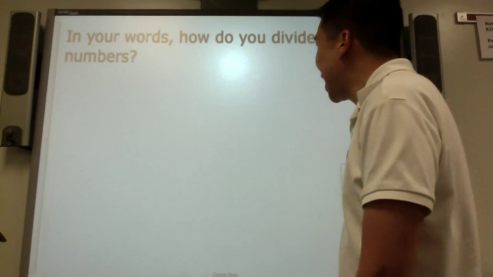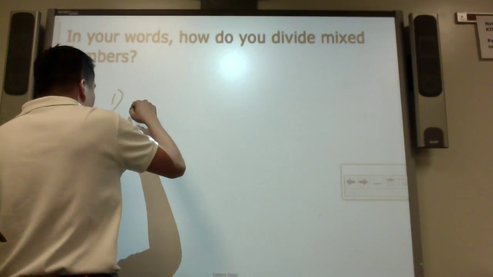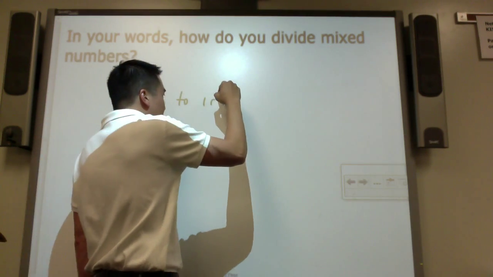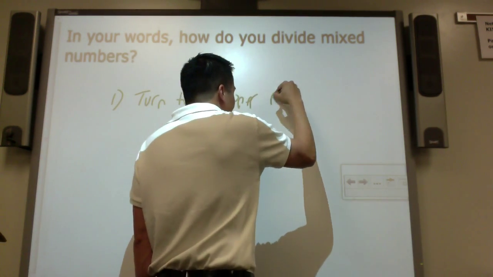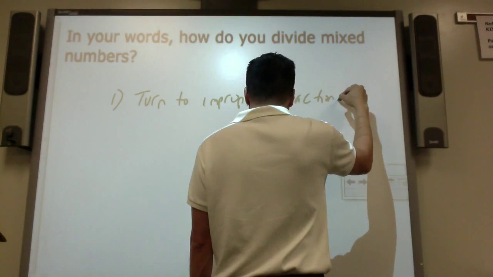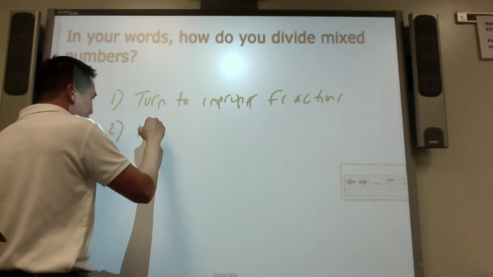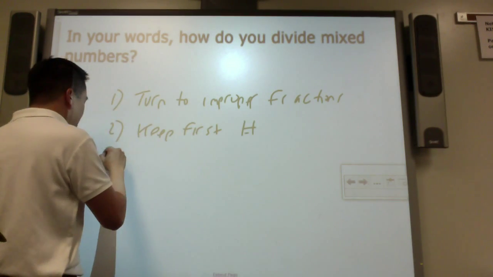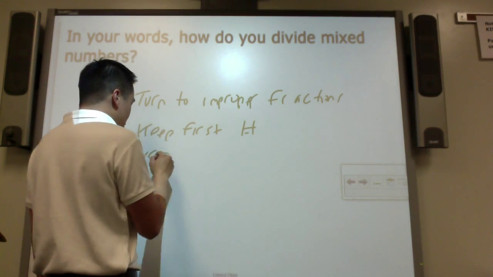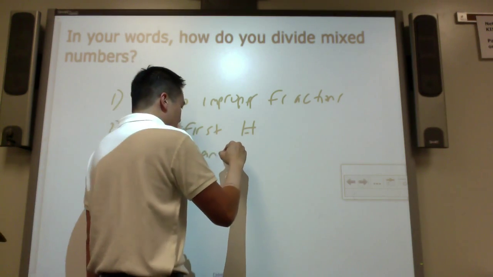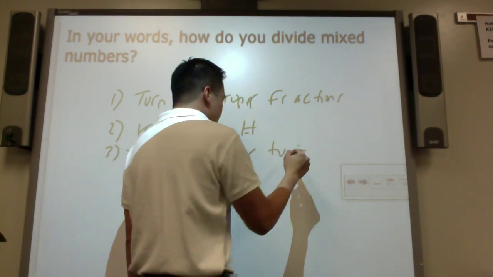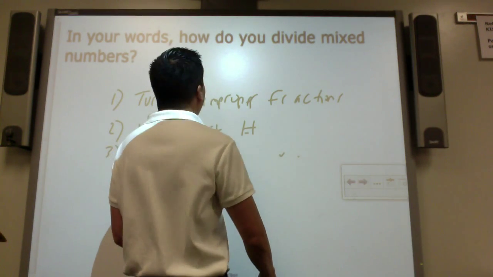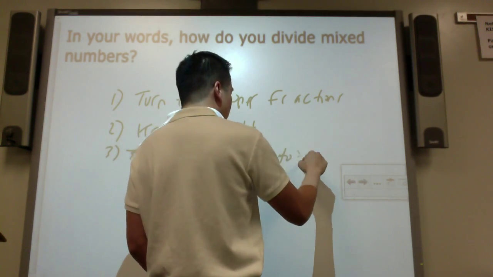So in your own words, how do you divide mixed numbers? First of all, what I did is I turned them into improper fractions. Some of them, they gave you mixed numbers, so you need to turn them into improper fractions. Then you keep the first number. Then you change the division to multiplication.